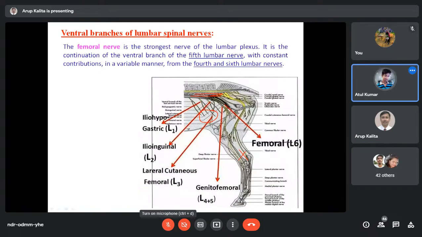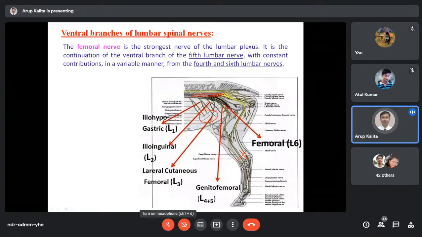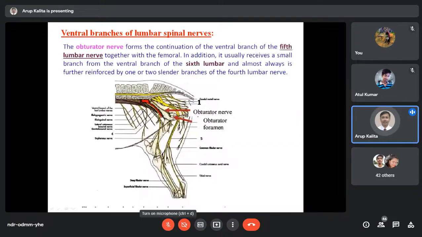Yes, sir. The lumbosacral plexus was already taught. I am not going into details of this lumbosacral plexus. Actually, the lumbosacral plexus forms 2 plexuses: one is called the lumbar plexus, one is the sacral plexus. The lumbar plexus will give 3 nerves. What are those nerves? So, obturator, cranial root.